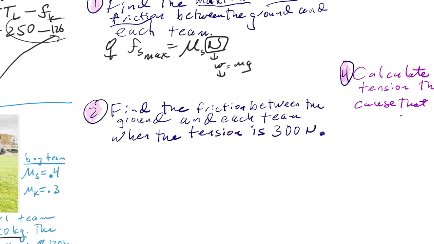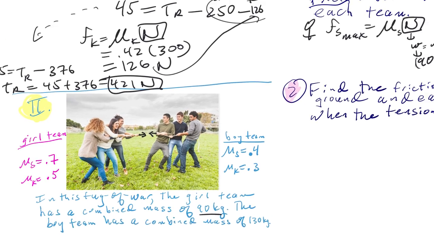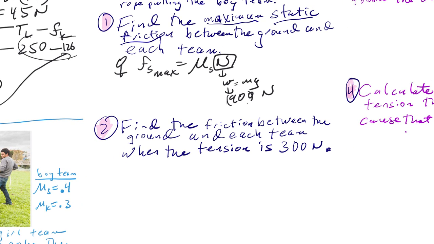So you multiply that by 10. So that's 900 newtons. Okay, mu S for the girls team is 0.7. So 0.7 times 900 is 630. Okay, so that's 630 newtons.